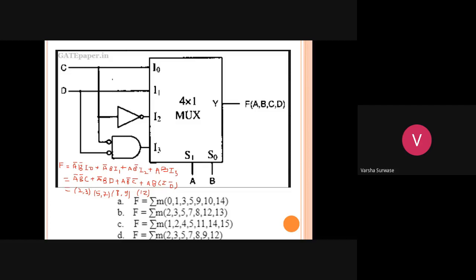The Mux equation we can write: F equals A bar B bar into I0 plus A bar B into I1 plus A B bar into I2 plus AB into I3. So this is the basic Mux equation.